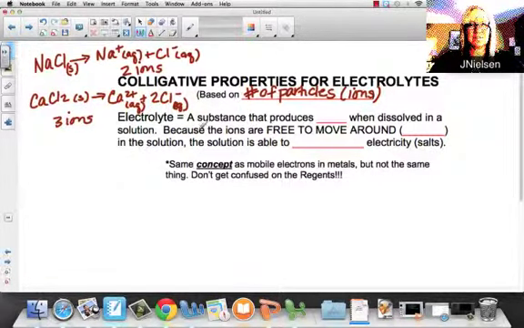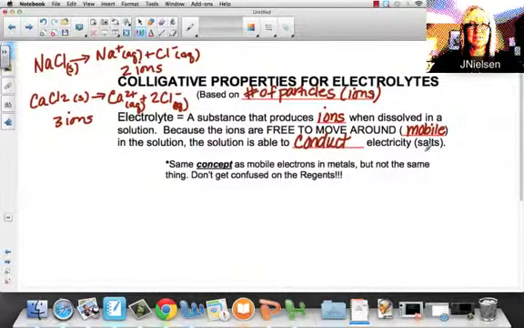Recall that an electrolyte is a substance that produces ions when dissolved in a solution. Because the ions are free to move around, meaning they are mobile, and we know that ions are charged, they have a plus or a minus, the solution is able to conduct electricity.